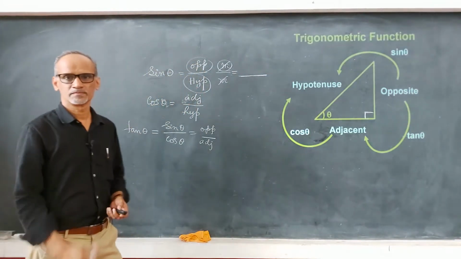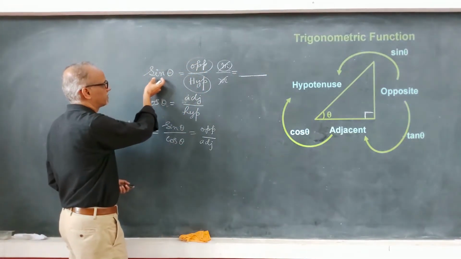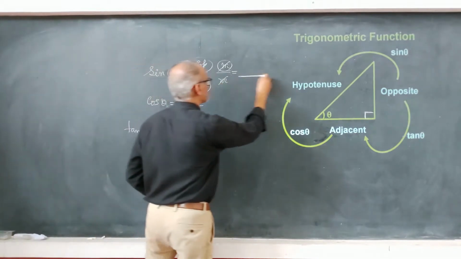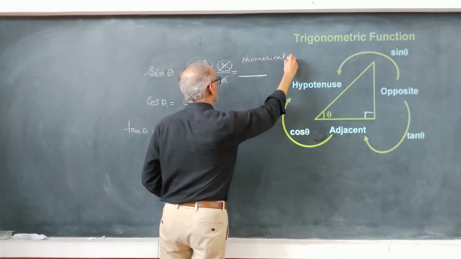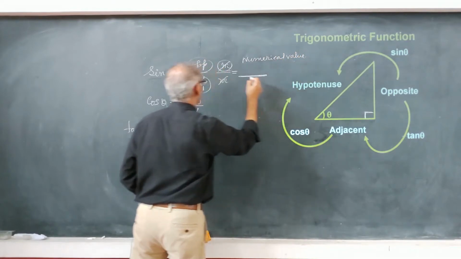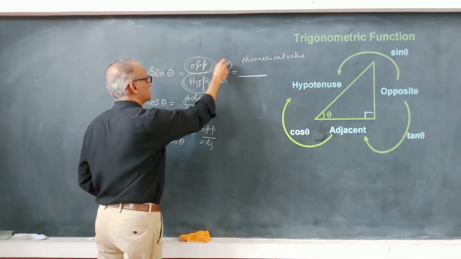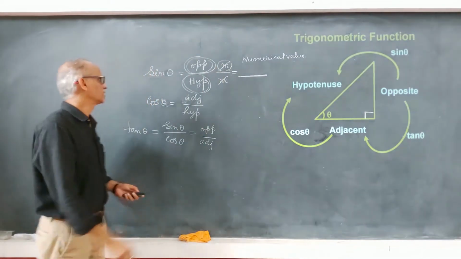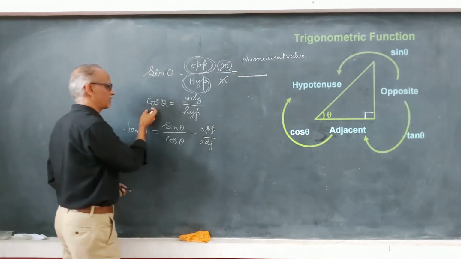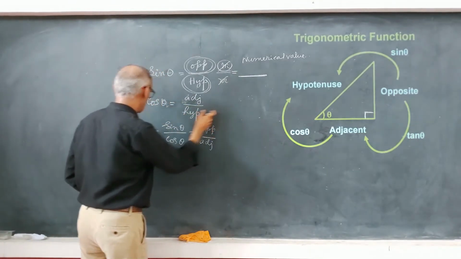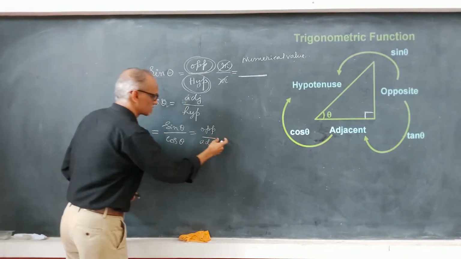It's a ratio, a numerical value that depends on the ratio of these sides. So sine of a particular angle is always a number, cos of a particular angle is always a number, tan of a particular angle is always a number.